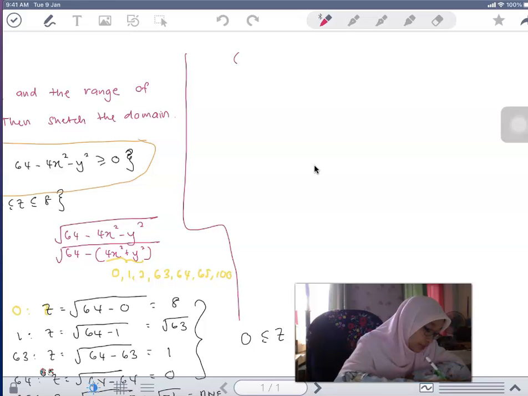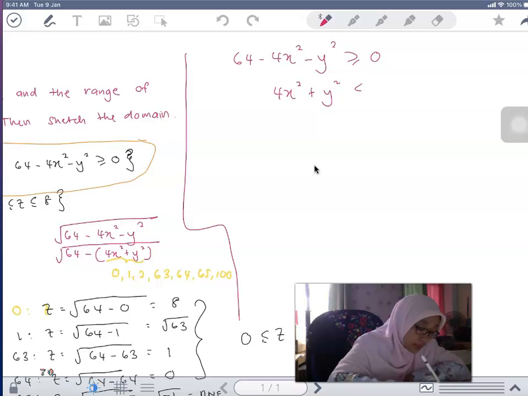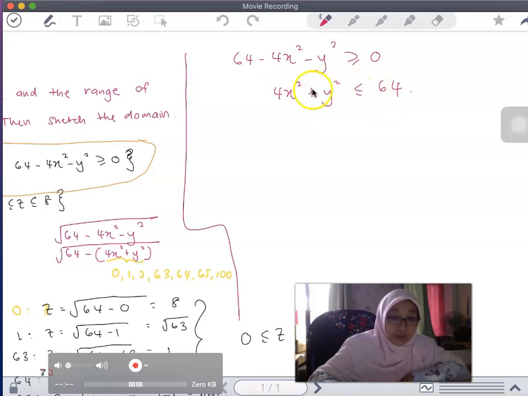So 64 minus 4x squared minus y squared greater than or equal to 0. And when we rearrange, we have 4x squared plus y squared smaller than or equal to 64. Okay, so now this is your new form.